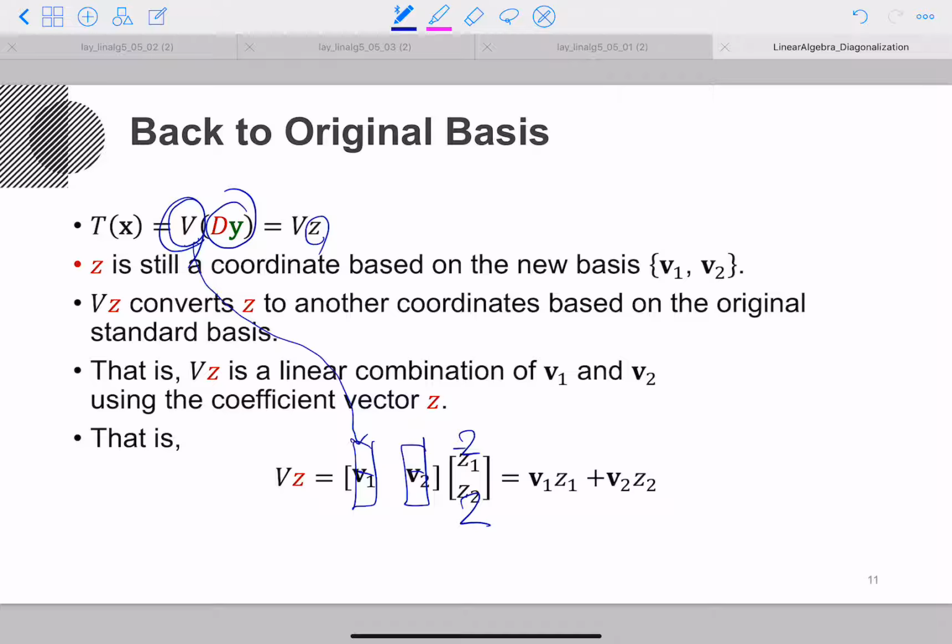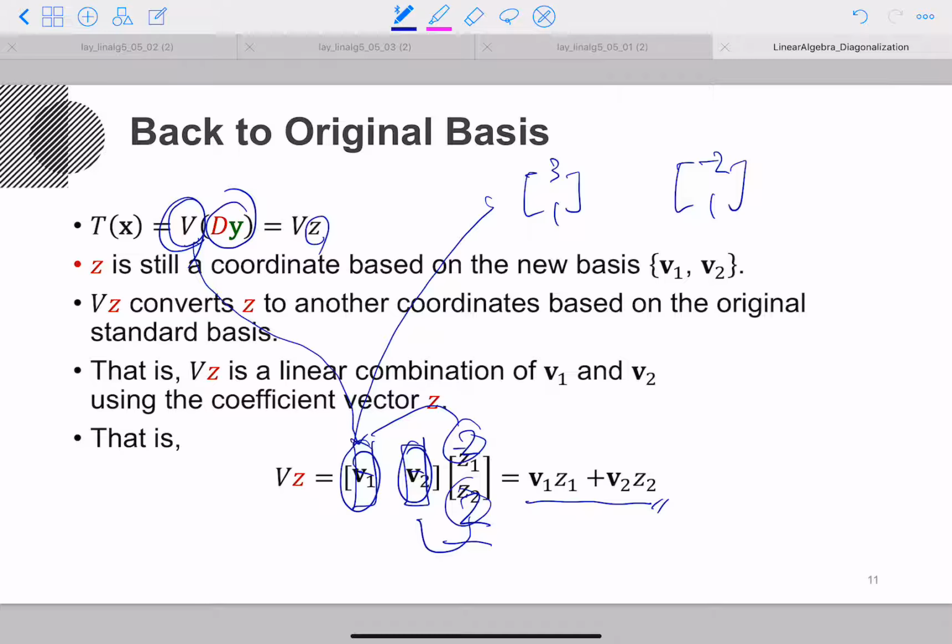Once we multiply V with these coordinates with respect to our eigenvectors, it's just a linear combination of these two columns. These v1 and v2, (3, 1) and (-2, 1), are vectors with respect to the standard basis (1, 0) and (0, 1).